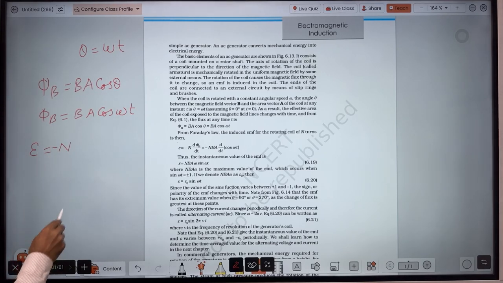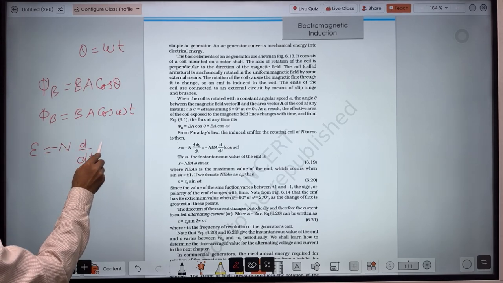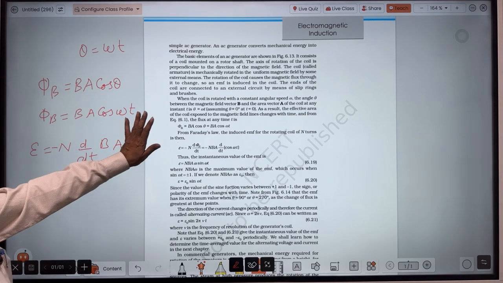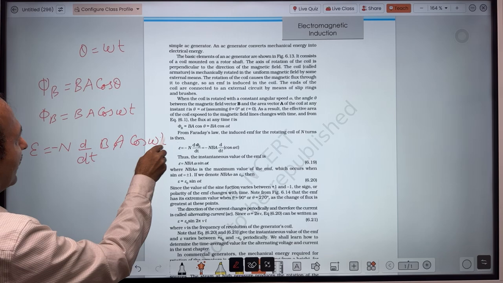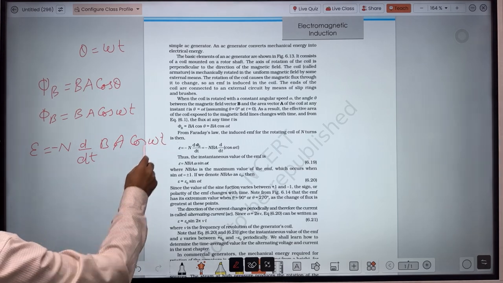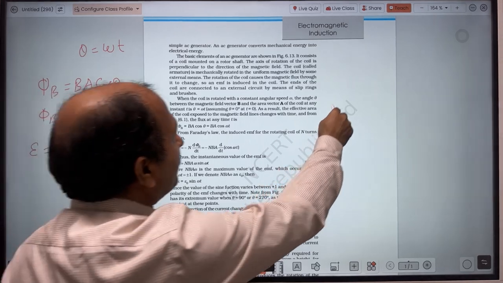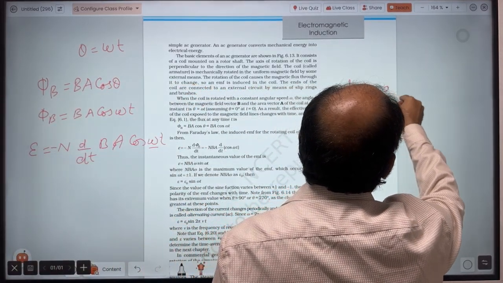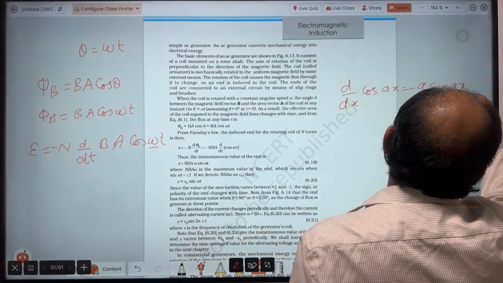So let's write E equal to N d phi by dt. So d upon dt of B A cos omega t. And you know, differentiation of cos theta gives minus sin theta. Here omega is also there. So d upon dx of cos a x gives minus a sin a x, right?